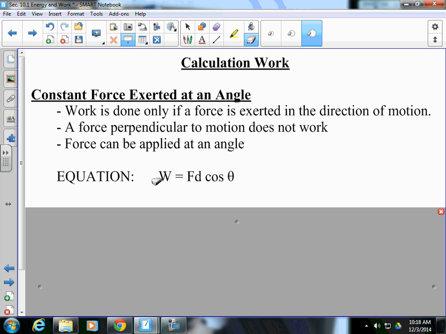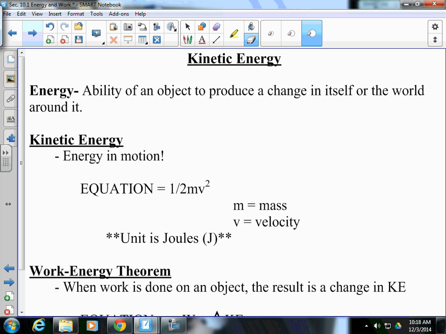In that case, work is equal to force times distance times the cosine of theta. So work is equal to force times distance on a flat surface. On an angled surface, or when an angle is involved, you have to add the cosine of theta.